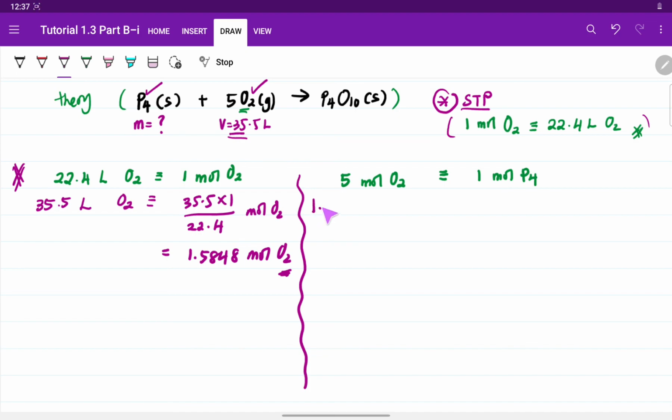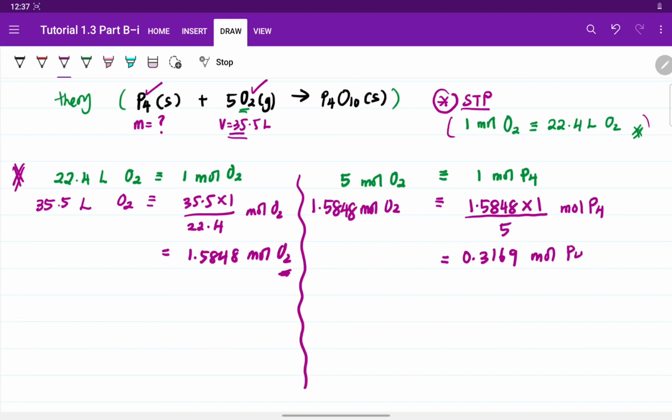So, if you have 1.5848 mole of O2, berapakah sebenarnya mole phosphorus yang kita guna? Kira, tulis calculation awak. Number of mole of phosphorus sebenarnya yang kita gunakan adalah 0.3169 mole of phosphorus.